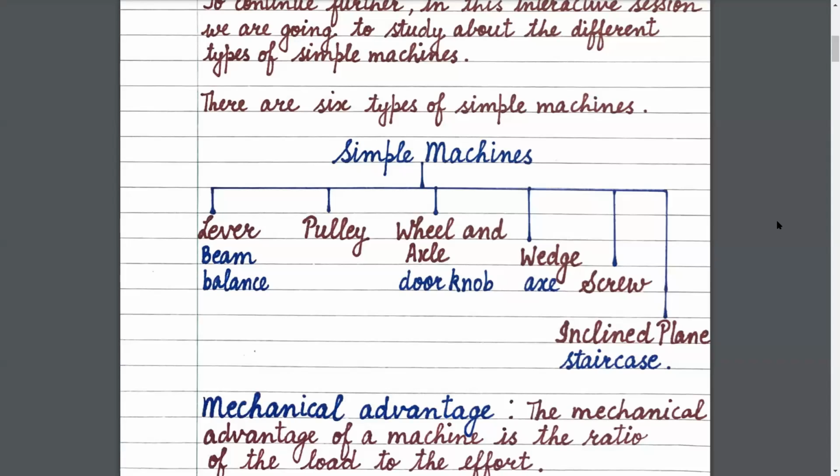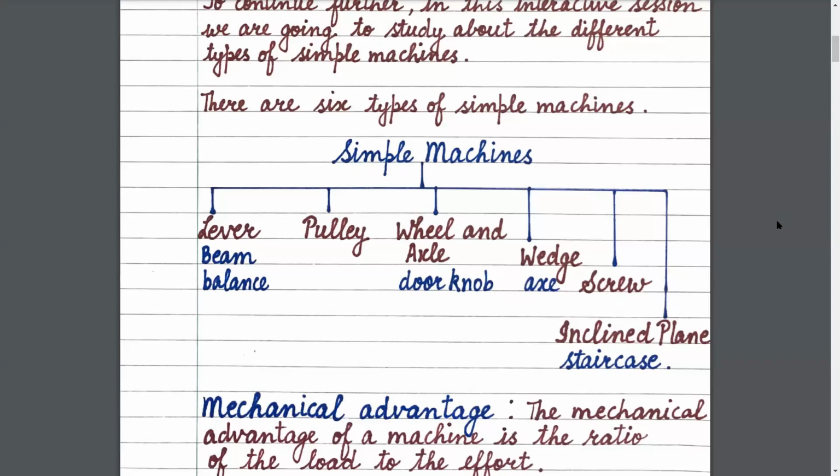There are 6 types of simple machines. Number 1, lever. Number 2, pulley. Number 3, wheel and axle. Number 4, wedge. Number 5, screw. And number 6, inclined plane.